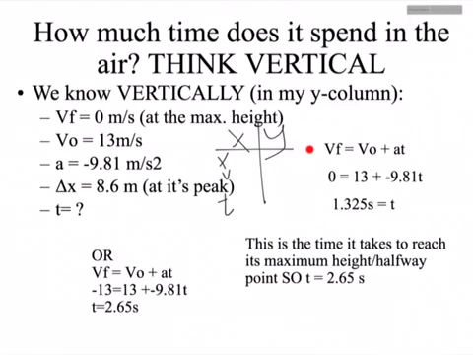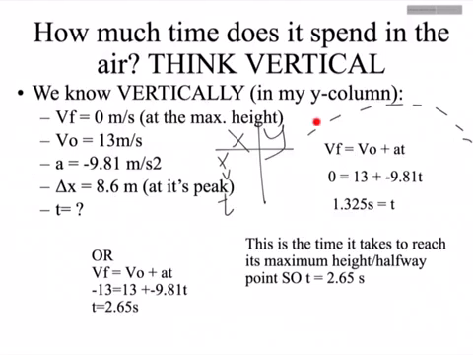Over here, we could solve for how long it takes to make its way up to that halfway point, and then double it, and we know that it takes that exact same amount of time to go back down. So if we solve for the amount of time it takes just to go halfway up, we can say that the final velocity at the maximum height is 0.